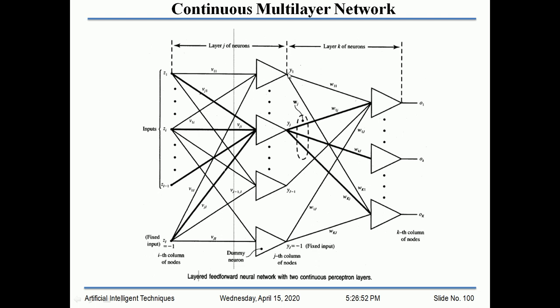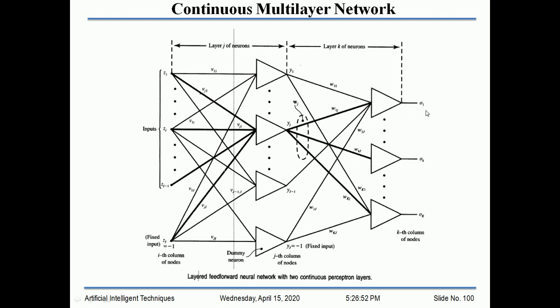So y1 is now presented as input to this first neuron. Likewise y2 is connected to the first and so on. So how do you calculate O1? O1 is nothing but the continuous activation function f of y1 into w11 plus y2 into w12 plus y3 into w13 and so on up to yj into w1j.